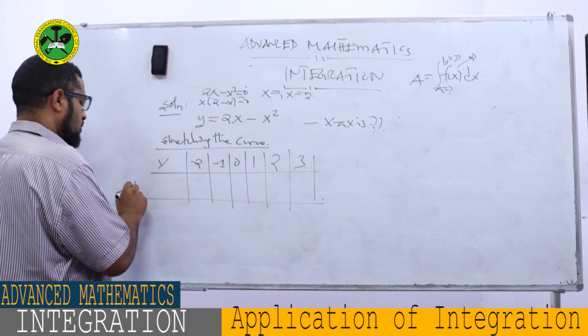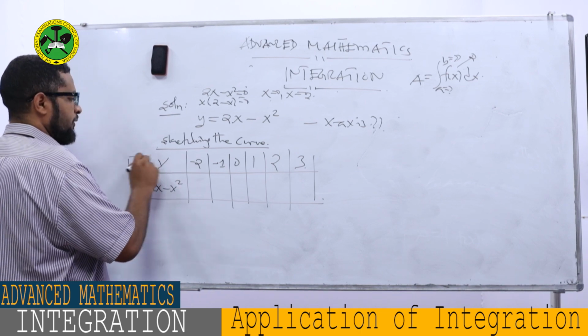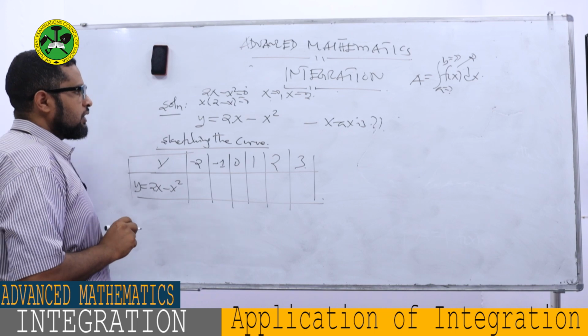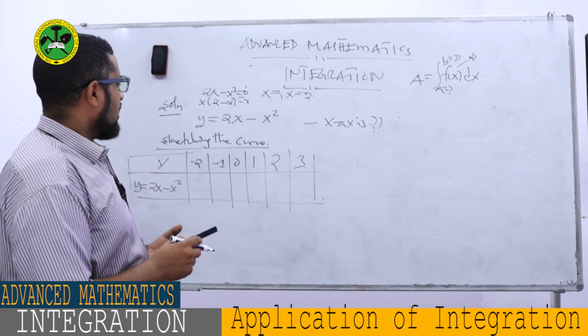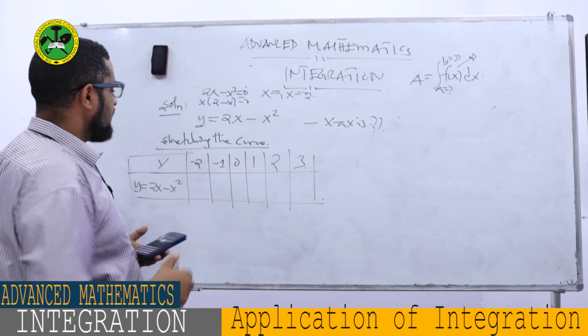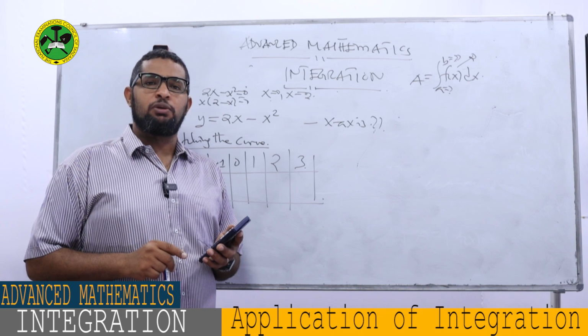Then down, write y equal to twice x minus x squared. Thereafter, you can write the formula into the calculator and then plug in the values to save time. So do you remember how to write the formula in the calculator?